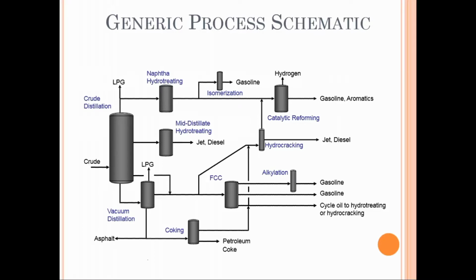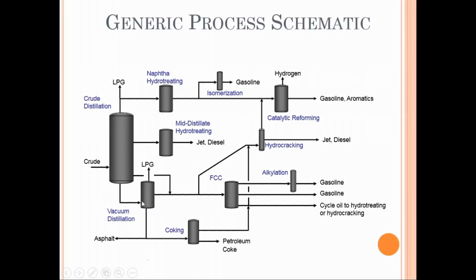As you can see on the screen, we have a whole generic process for everything that happens from the crude: the injection of crude into the fractional distillation column, then the collection of the liquefied petroleum gases, and then the crude distillate. We take the bottom product for vacuum distillation.